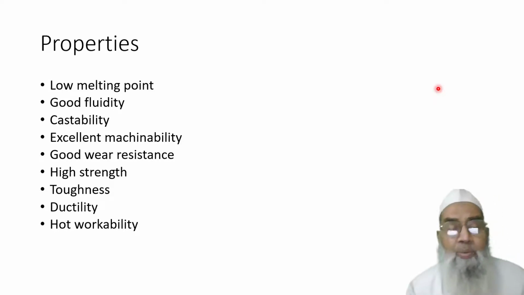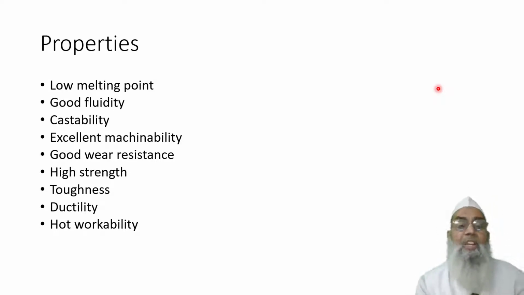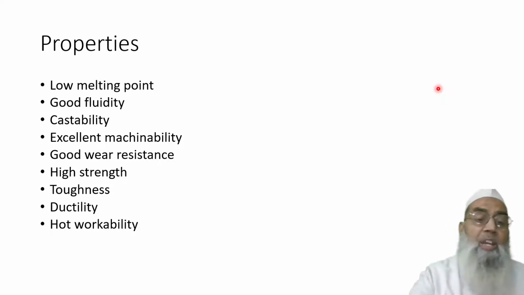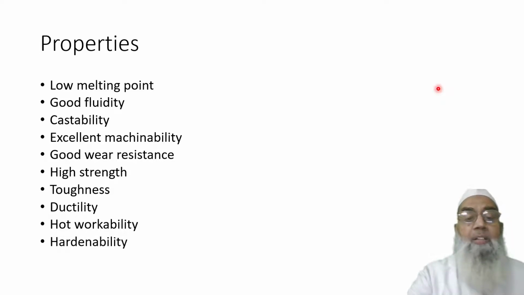While in grey cast iron the ductility is almost absent, SG iron has good ductility, and heat treatment can be done, making it hardenable with enhanced properties.